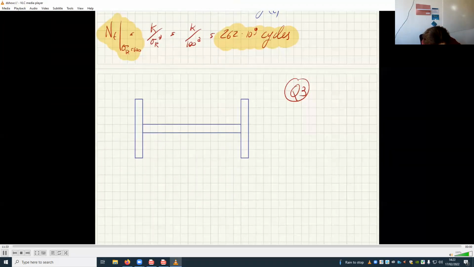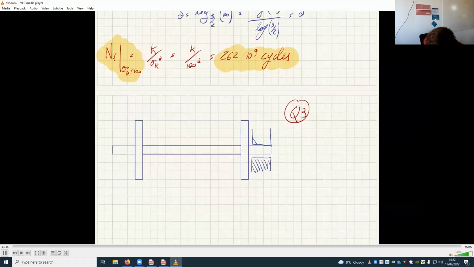We continue a little bit, here and here, here and here, because this is where we have the bearings. Okay, so this is supported in this way.